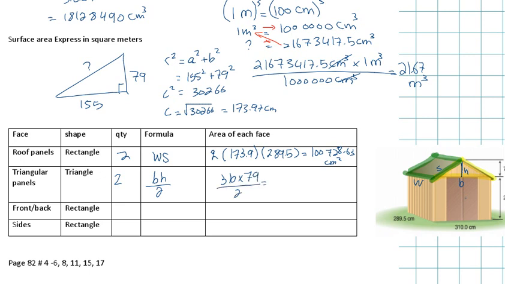So basically they cancel each other, and you end up with 24,490 centimeters squared. Are you guys okay with that? Yeah? Because we're looking for 2, so we have 2 in front of them, because I have 2 of this.